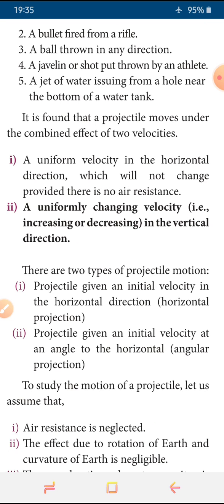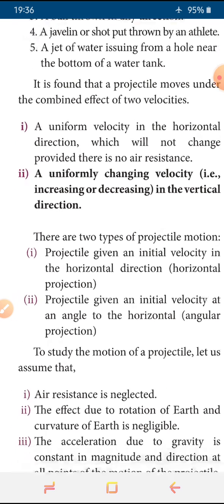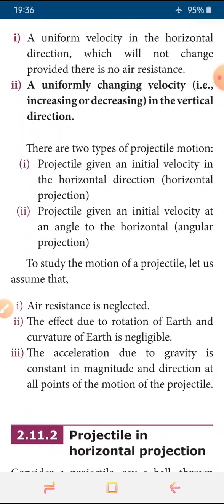And while studying the motion of a projectile, we have to make three assumptions. One is air resistance is neglected, so we won't bother about resistance of air. Next, the effect due to the rotation of earth and curvature of the earth is negligible, so we won't keep it in our mind.